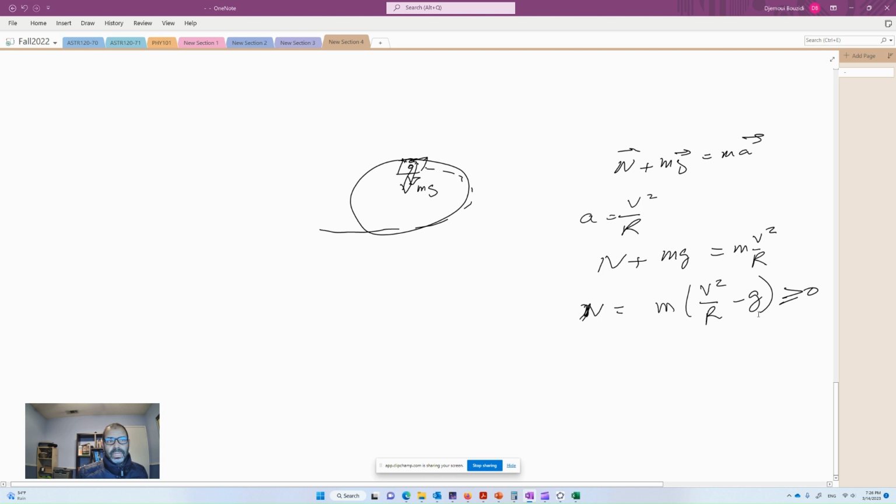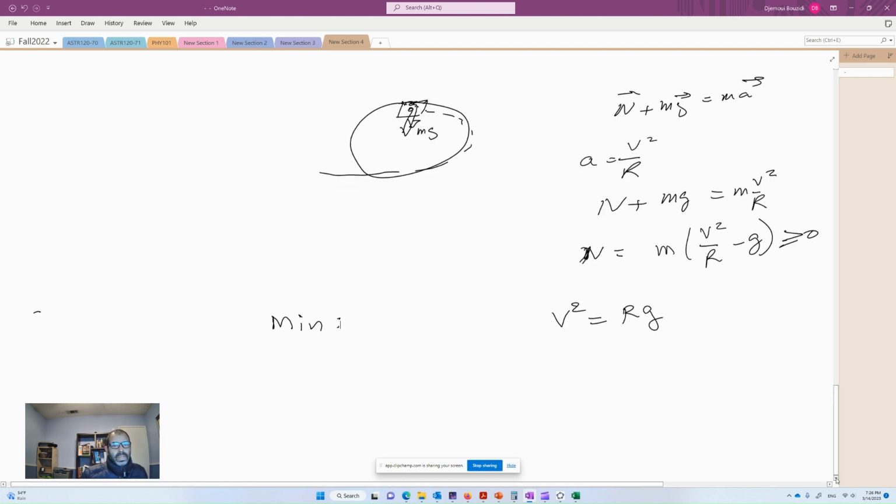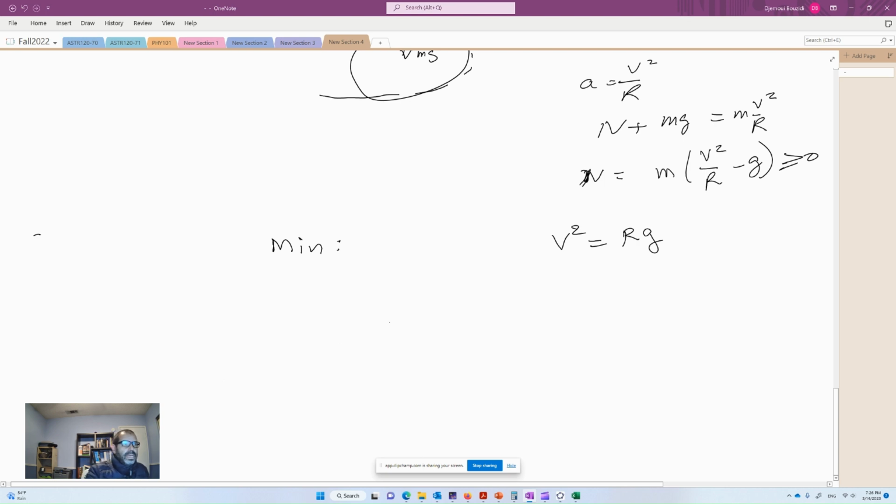So the minimum velocity that makes this true is v squared equals rg in order to make the loop. This is the bare minimum velocity. In this case, the kinetic energy for this trolley is going to be 1/2 of its mass times velocity squared, or 1/2 times mass times this value, rg.